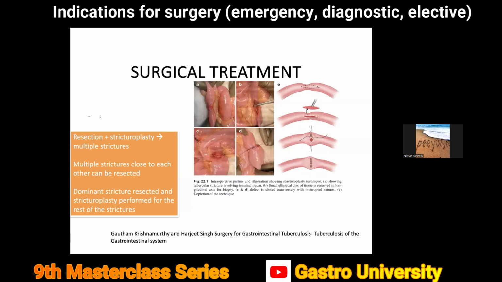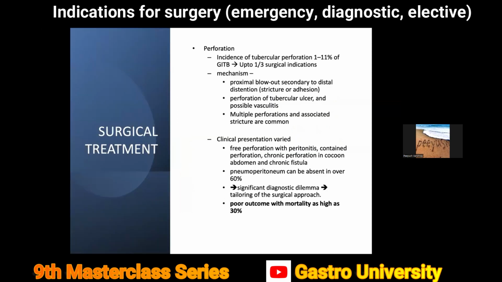This picture shows the most commonly performed surgical procedure, the stricturoplasty. The stricture is opened longitudinally and then closed transversely to make a wider lumen. Multiple strictures close to each other can often be resected, but if there is one dominant stricture, stricturoplasty is a good option.